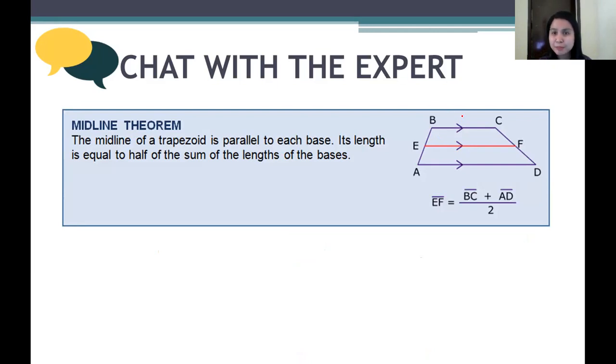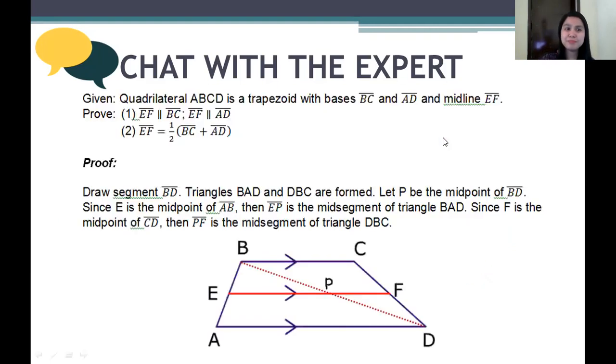So for example, if BC measures 10 and AD measures 14, then the length of midline EF is equal to the sum of the bases, that's 10 plus 14, divided by 2. So the answer will be 12. If you draw it, you see it makes sense, right? 10, 12, 14. So now how do you prove that?